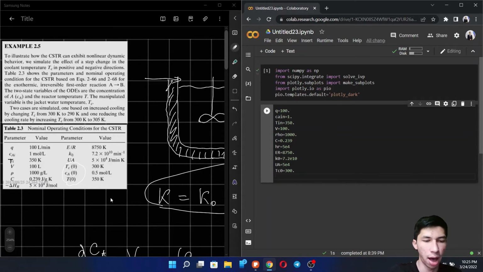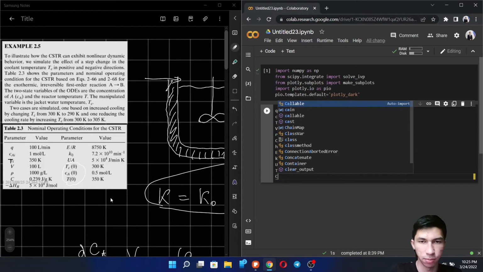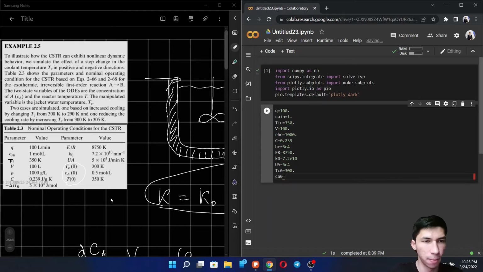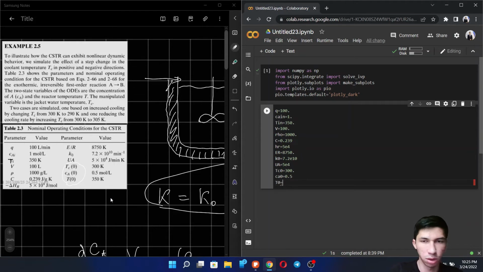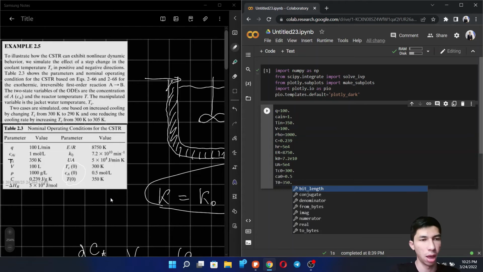And we also have our concentration of A naught, which is going to be 0.5. And we have our temperature inside of the reactor naught, which is equal to 350.